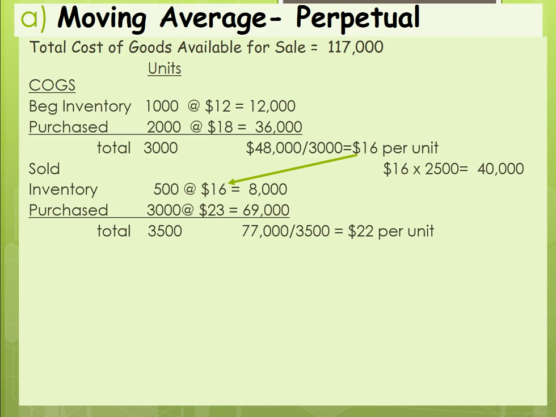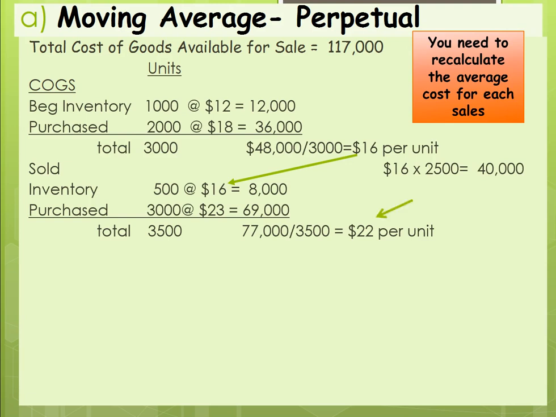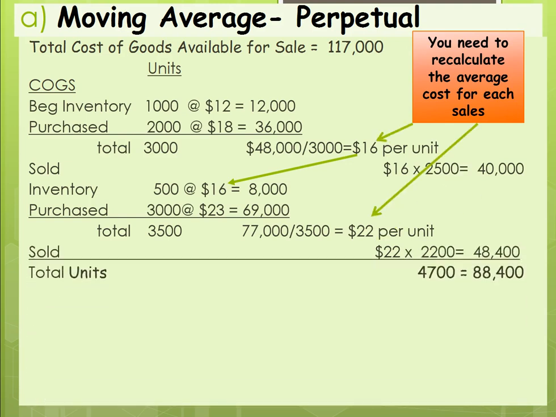Now we made a sale again. What we're going to have to do is take our 3,500 units and divide it into our total cost. We get a new average cost of $22 per unit. And now this tells us what our cost of goods sold will be at that point when we sold those 2,200 units.